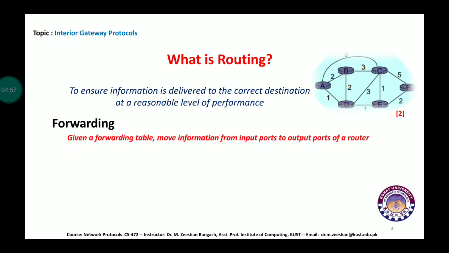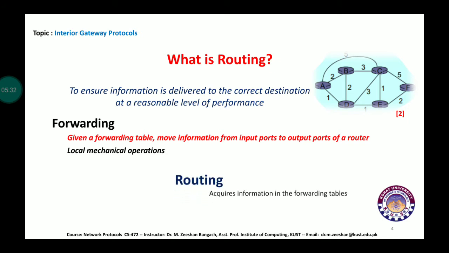So the forwarding mechanism works through a forwarding table, which moves information from the input ports to the output ports of the router. However, for this forwarding, some basic computation or processing is involved at the intermediate nodes. It's basically the local mechanical operations that take place.